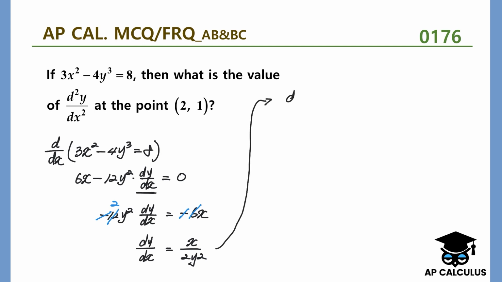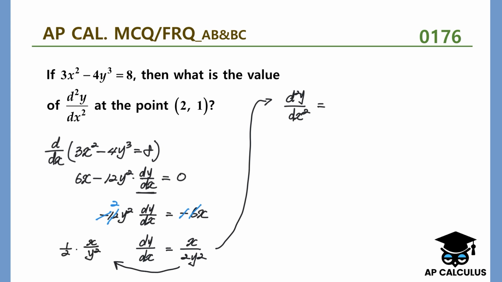The notation for the second derivative is this, right? This is a fraction, so we're going to apply the quotient rule. Here we have 1/2 times x over y squared.